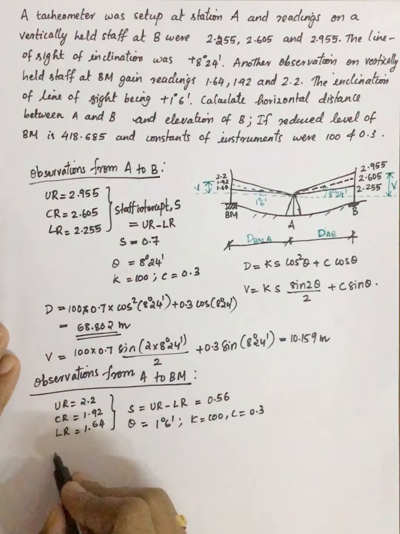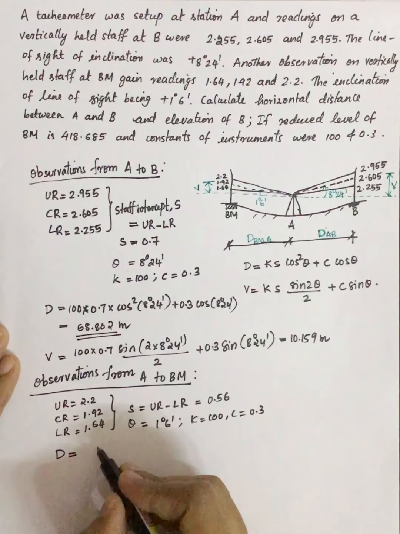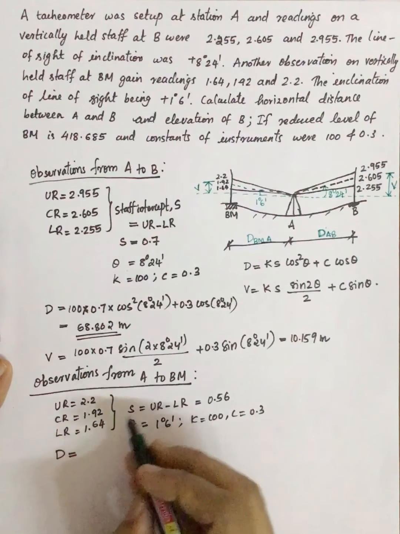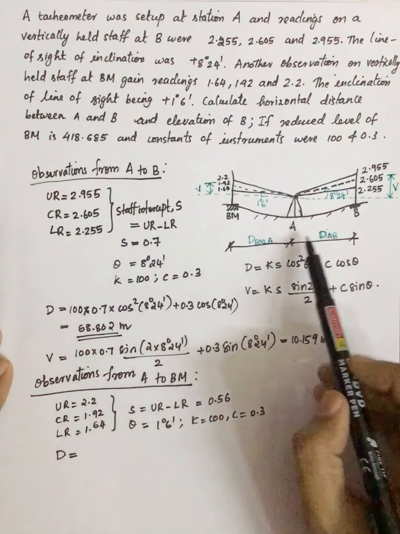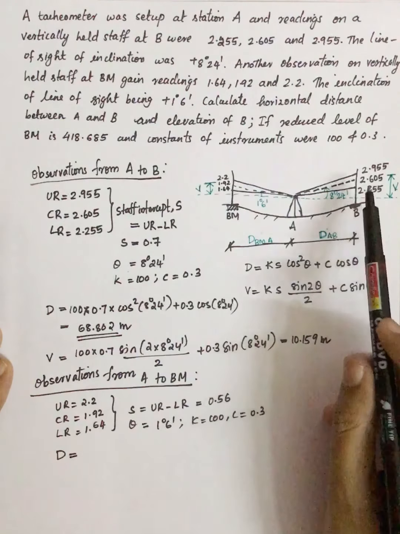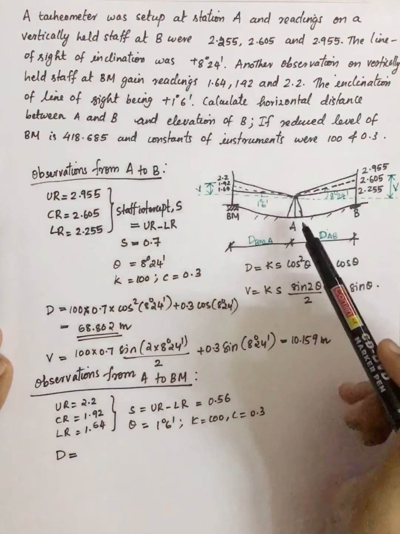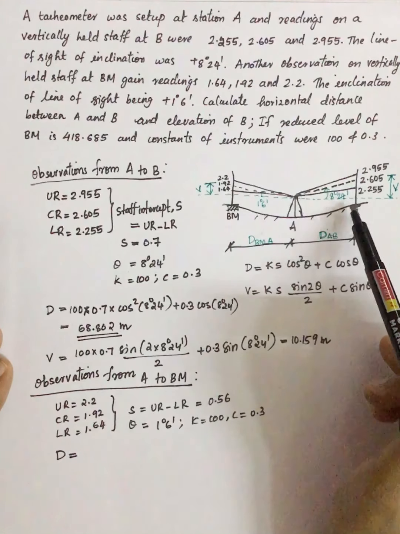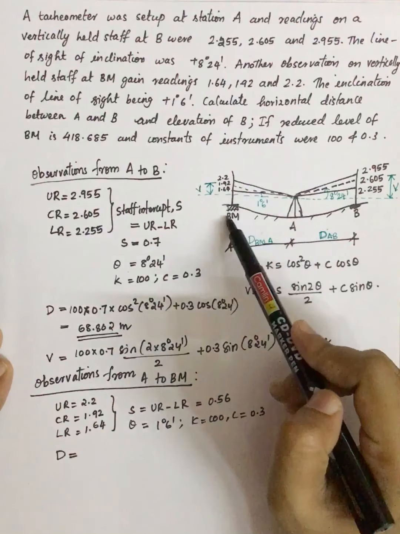Substitute all the values in the distance equation, Ks cos square theta plus C cos theta, you will get D as, okay, we don't need to calculate this distance value. You need to calculate the horizontal distance between A and B and the elevation of B. So to find the elevation of B, you don't need to calculate the distance between A to benchmark.